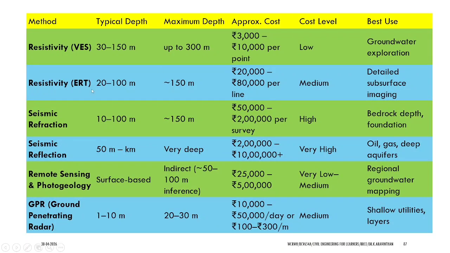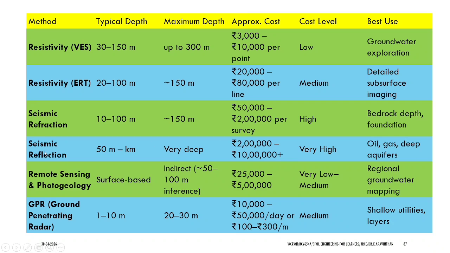Now seismic refraction and reflection method. Seismic refraction is used for 10 to 100 meters, and you can see that seismic reflection is 50 meters to kilometers. It can go very deep. And maximum depth it can go to 150 meters. Cost is around 50,000 to 2 lakh, and it is used to find bedrock depth and foundation.